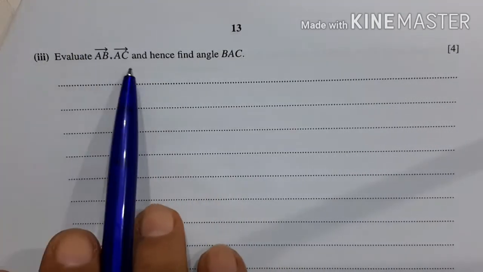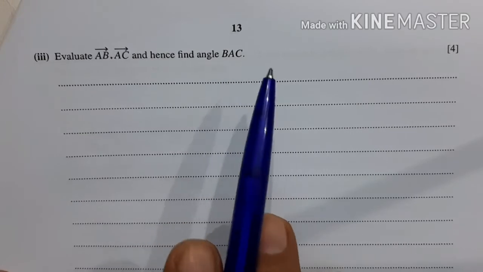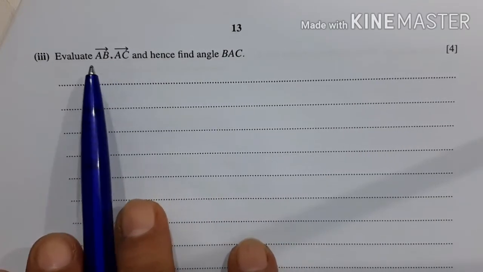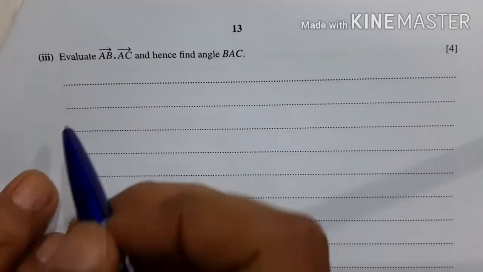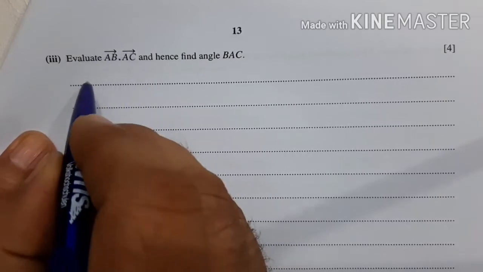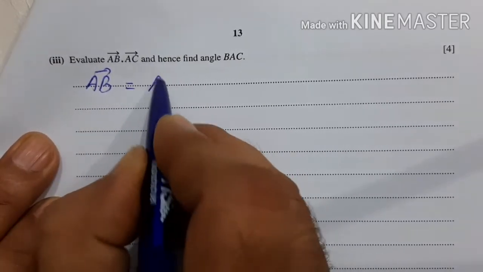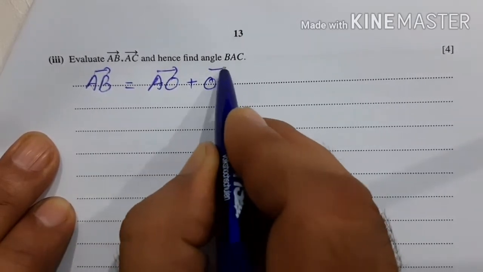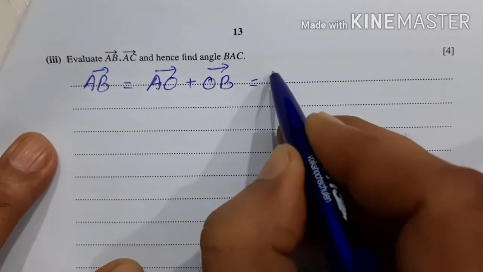Part 3. Evaluate AB and AC and hence find the angle BAC. We already have AC from part 1. Now we'll have to find AB and then we'll move further. How can we find AB? AB can be written as A to O and then O to B. So put the values.